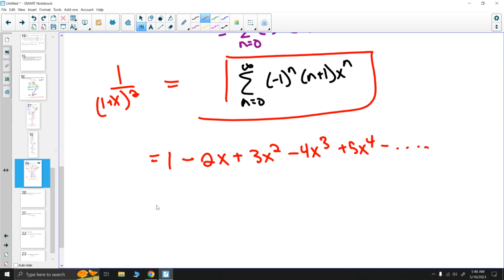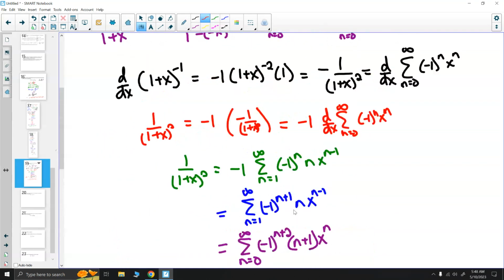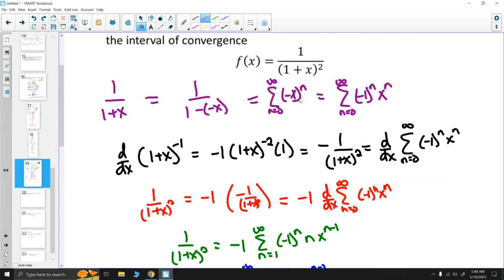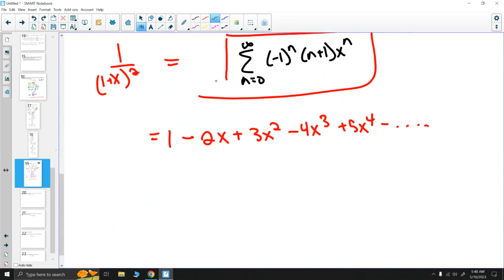So we're going to go ahead and compare it to the graph in just a sec, but let's first think about our radius of convergence. If we go back here, this negative x to the n portion is our ratio, as a reminder. So the absolute value of x is less than 1, which means our interval is from negative 1 to 1.